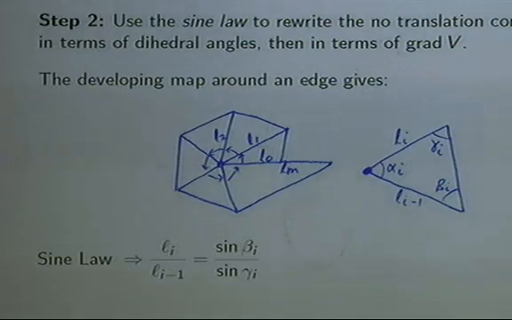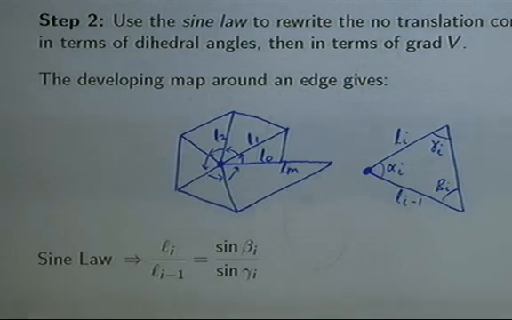So the first edge here has length L0, the next one has length L1, L2, and so on. When we get back again, we get to some length Lm. And what we'd like is that L0 should be equal to Lm. But now it's just a little geometry exercise to figure out how to relate these lengths to the angles.